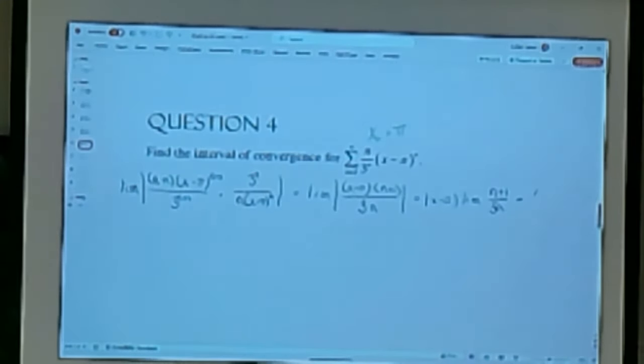So a third times the absolute value of x minus pi has to be less than 1, which would mean that the absolute value of x minus pi has to be less than 3. x is between pi minus 3 and pi plus 3. What's the radius?